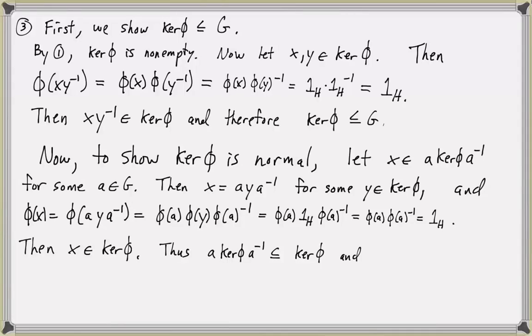And therefore, the kernel of phi is normal in G. So the kernel of phi is not only a subgroup, the kernel of phi is actually a normal subgroup of G.